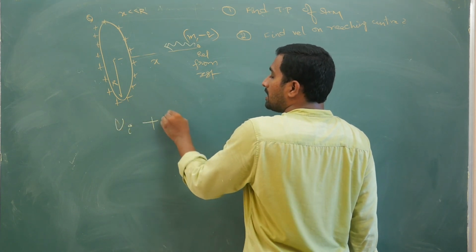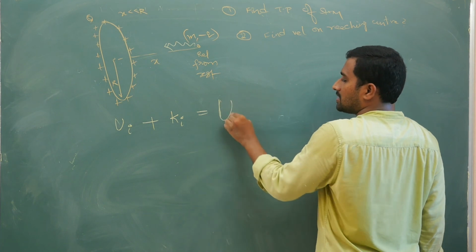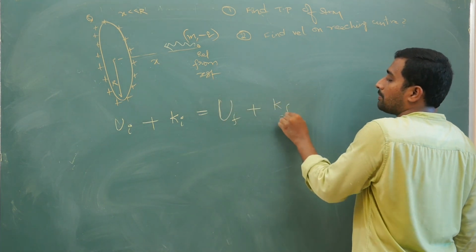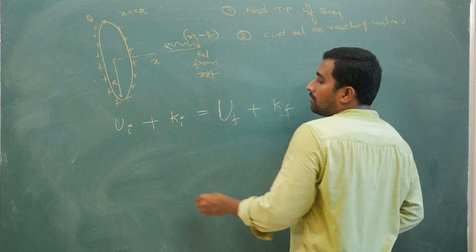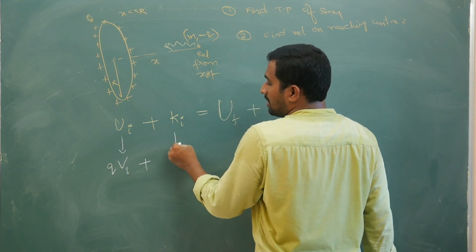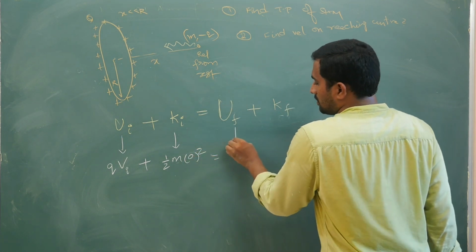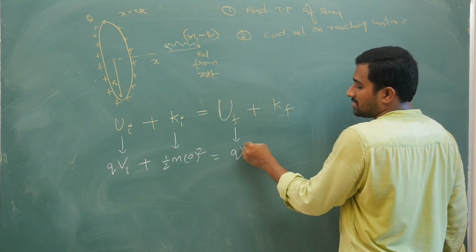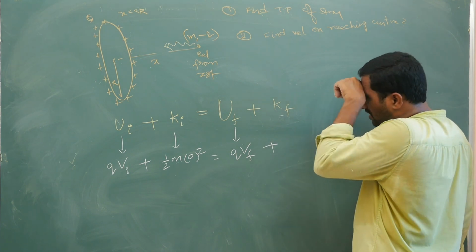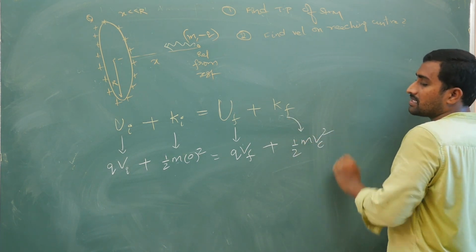So you can apply sum of potential energy initial plus kinetic energy initial is equal to potential energy final plus kinetic energy final. Now your potential energy initial is charge times initial potential plus kinetic energy initial is half m into 0 square, that is equal to your final potential energy, which is charge times potential at final point, plus your final kinetic energy is half m v center square.